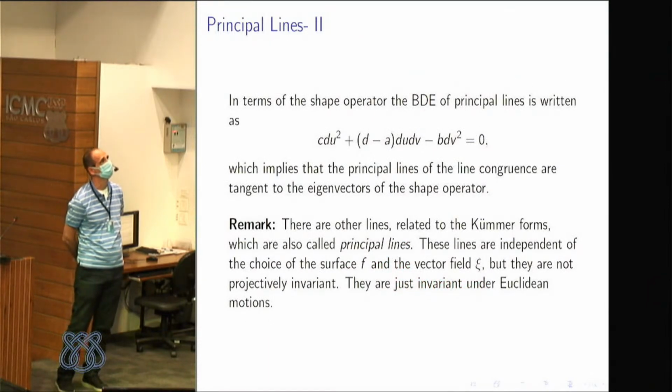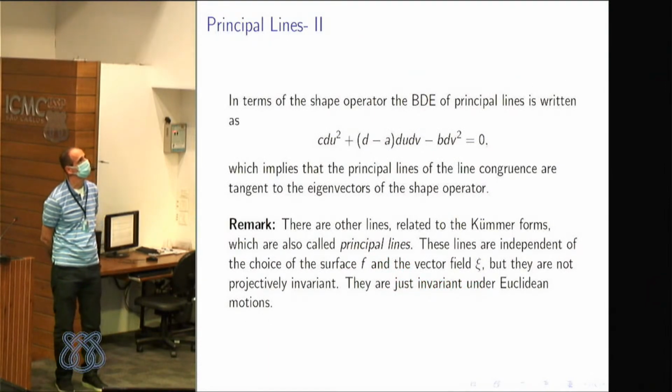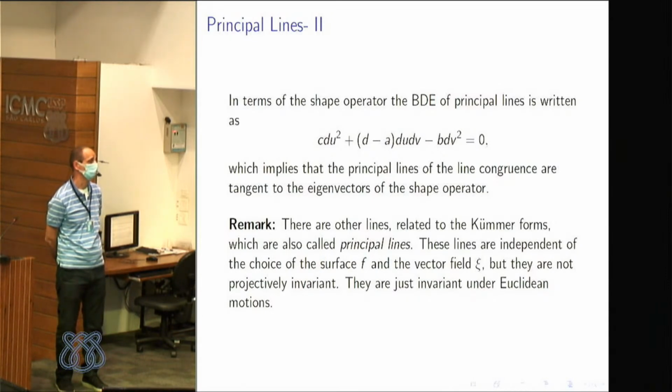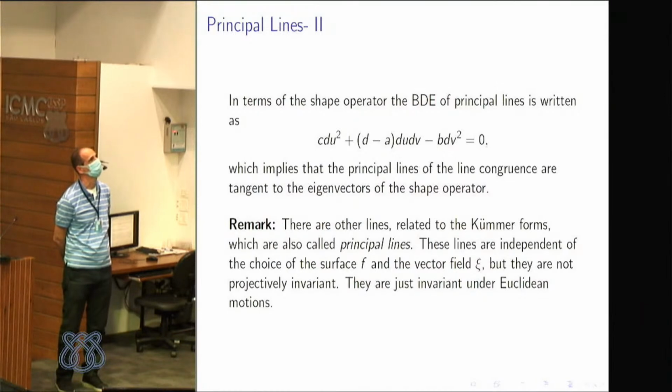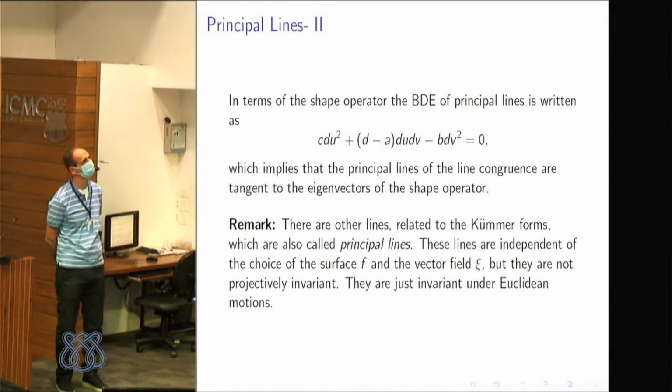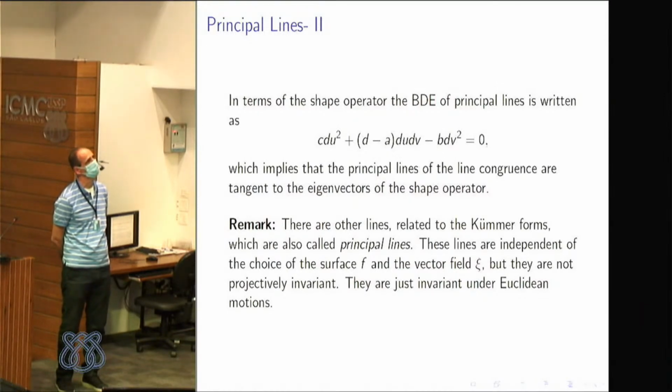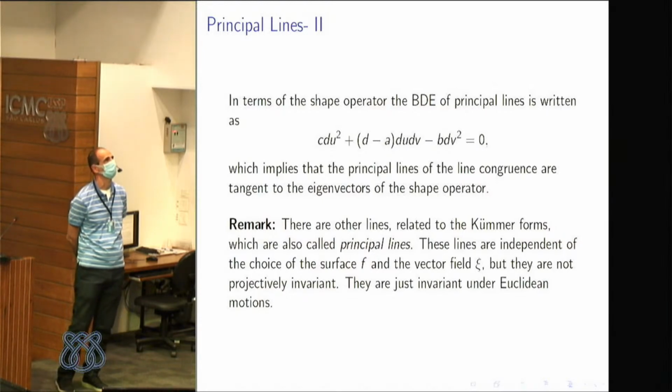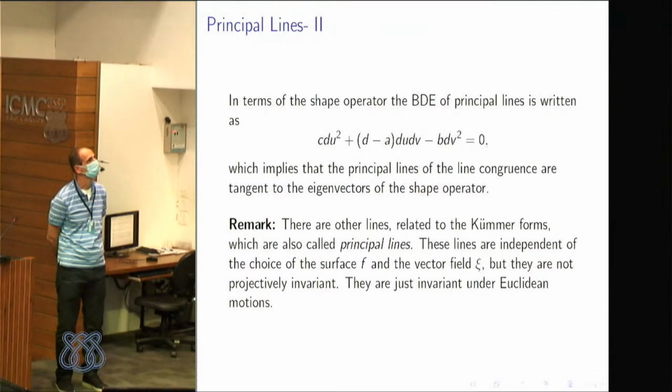In terms of the binary differential equations, we can write the binary differential equation in terms of the shape operator, which implies that the principal lines are tangent to the eigenvectors of the shape operator.